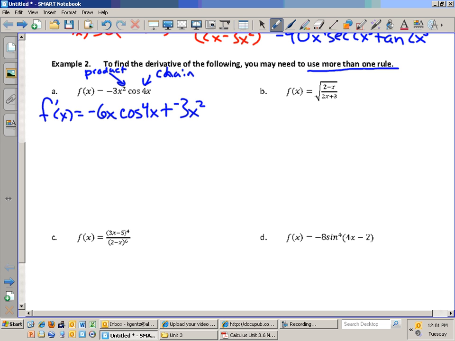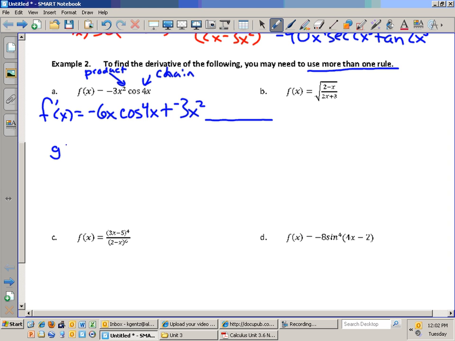So before I put that in, you need to derive that using the chain rule, because the derivative of that involves the chain rule. You have a 4x on the inside of the cosine. So now we simply just need to come up with that derivative. And I could name the function something else instead of f.